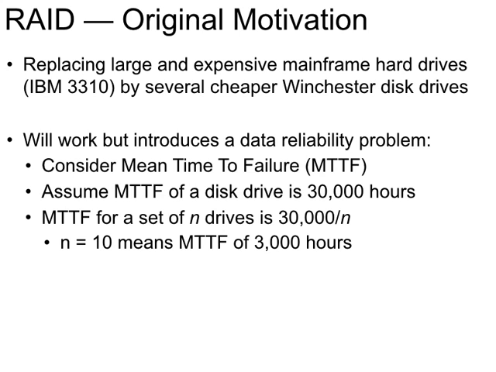So for the entire set of n drives, the mean time to failure will be 30,000 by n. In concrete numbers, if you bought 100 hard drives, then the mean time to failure would be one failure every 300 hours. Or if n was 10, then the mean time to failure would be every 3,000 hours.